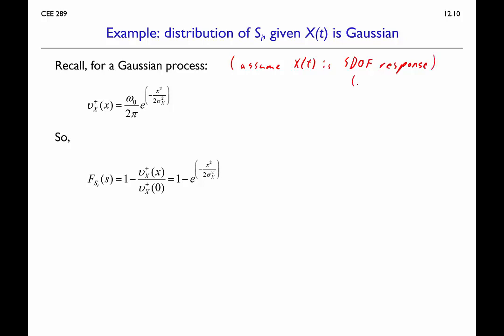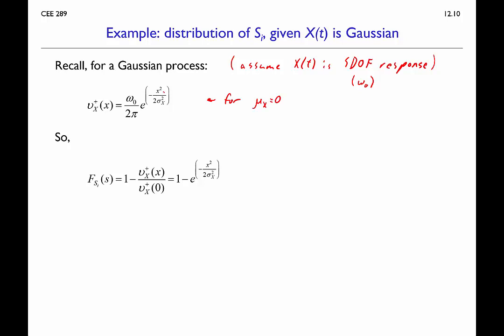And if this SDOF has a natural frequency omega 0, we came up with an upcrossing rate for x that gave this formula below: omega 0 over 2 pi e to the minus x squared over sigma x squared. I guess this is also for a zero mean process, so let's say mu x equals 0. That's why there's no mu in this numerator term.